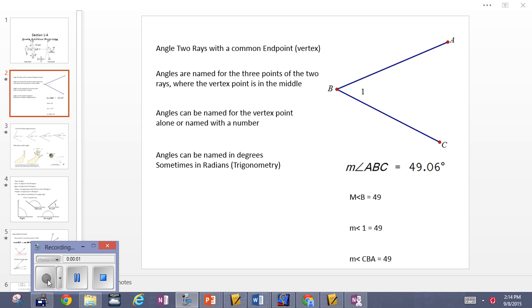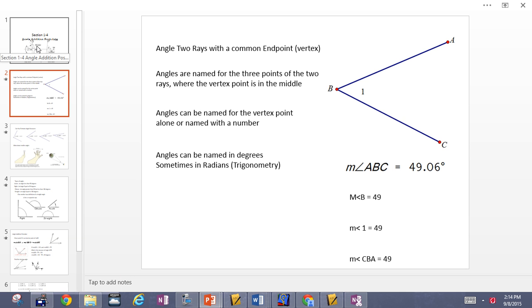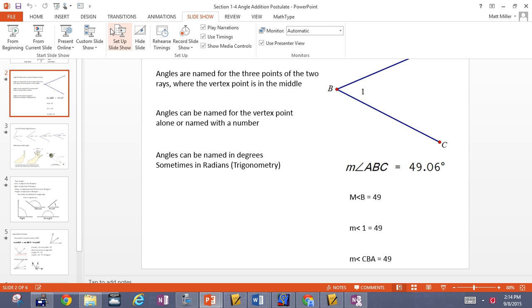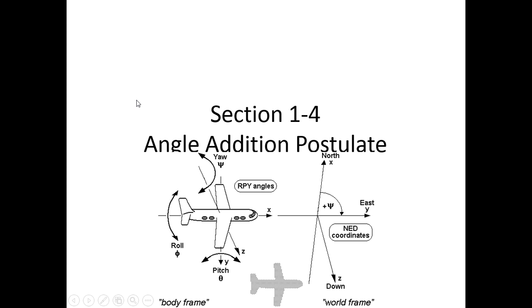Alright guys, in this video presentation we're going to be talking about angles from section 1.4, so let's get this video started with the PowerPoint slide, okay? Here is an interesting graphic just depicting some of the angles that pilots would need to know, okay?